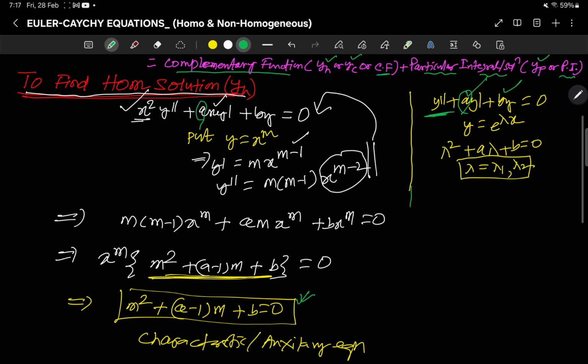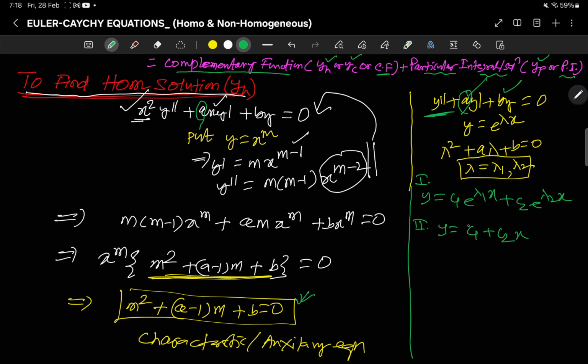Now if you recall the solution in the previous case, if it is real and distinct, then y is equal to c1 e to the power lambda 1 x plus c2 e to the power lambda 2 x. If it is the real and repeated case, then y is equal to (c1 plus c2 x) e to the power lambda x.